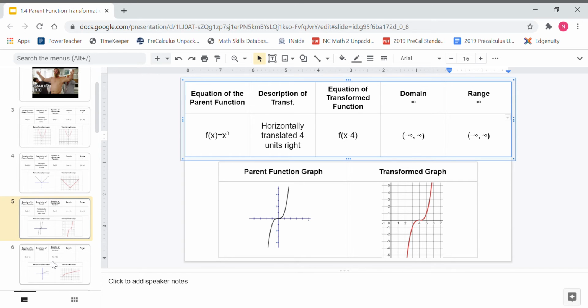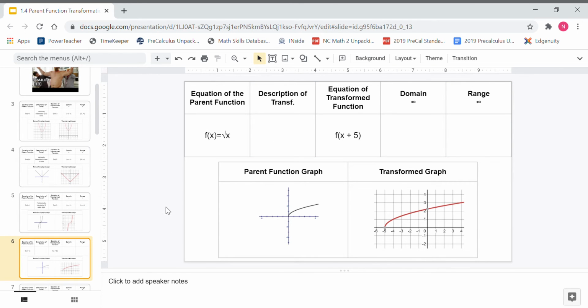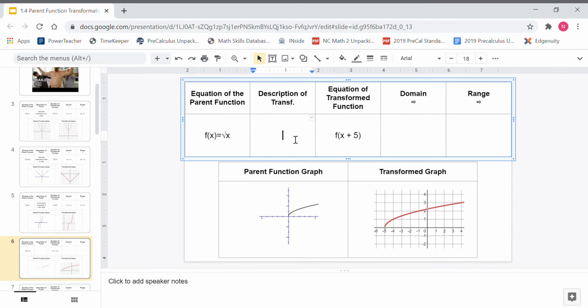All right, and then in slide 6, we've got a square root function. We've got a plus 5 inside the parentheses with our function, and we see that the point from the origin moves 5 to the left. So this one is horizontally translated 5 units left. If you'll notice, when you're going left and right, it's opposite of what you think.